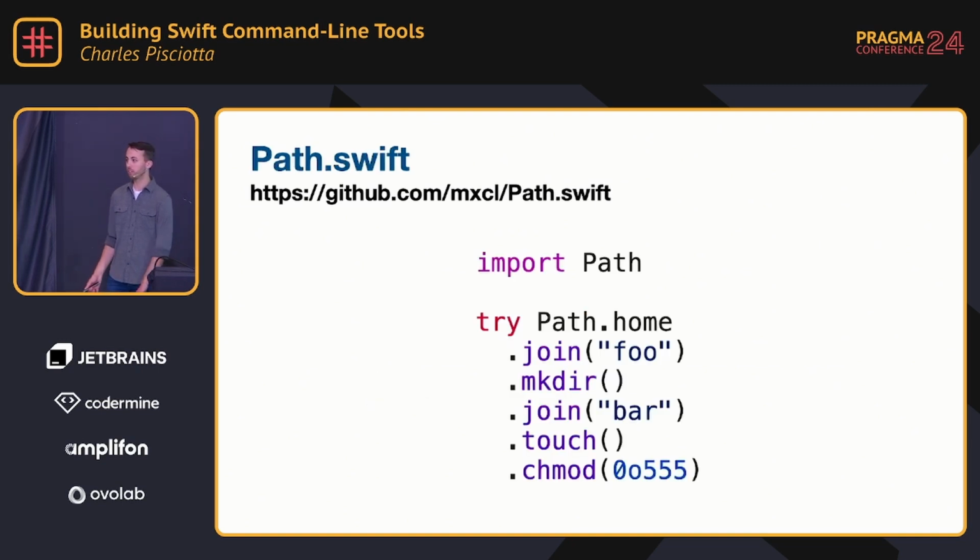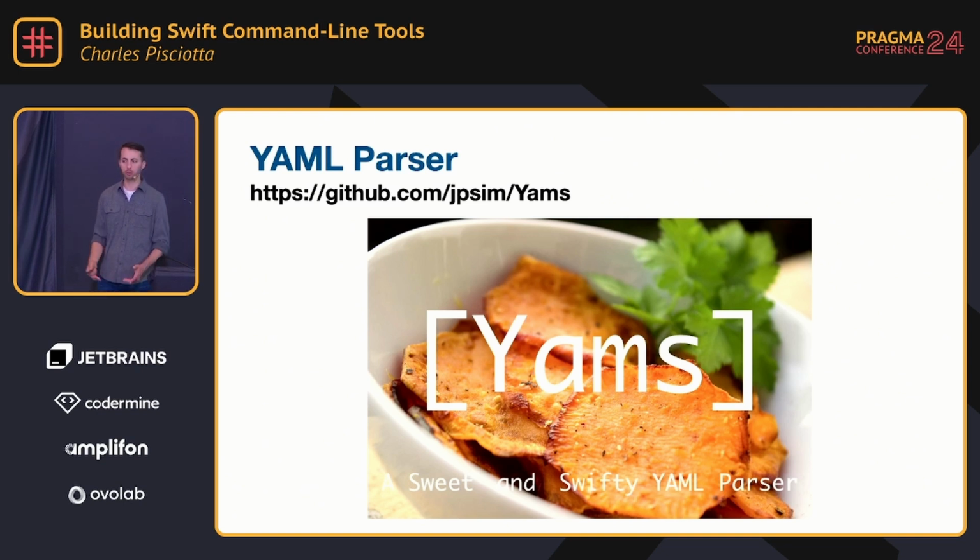If you've worked with the file system, you know it can be a bit of a challenge. And so here we have a tool called Path, in this case allowing us to do things like making a directory, navigating to a file path, and even changing its permissions. And lastly, if you've ever worked with a tool that maybe has some configurability, you might want to introduce a YAML file.